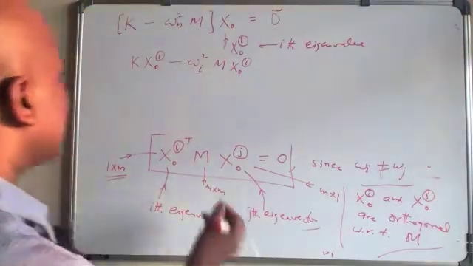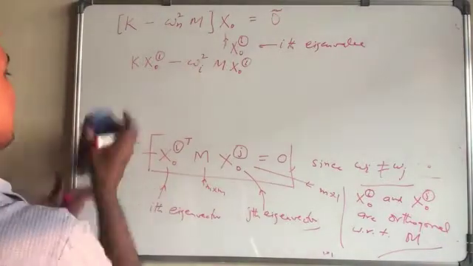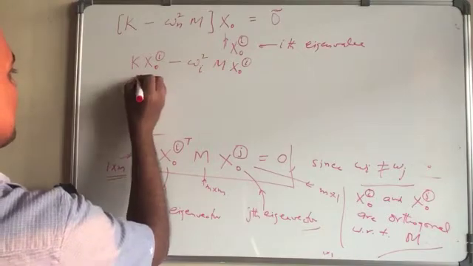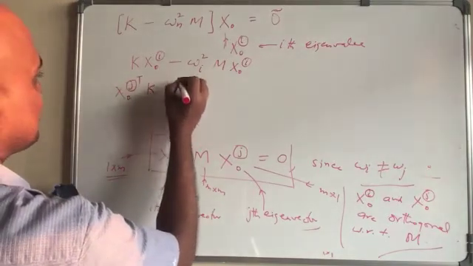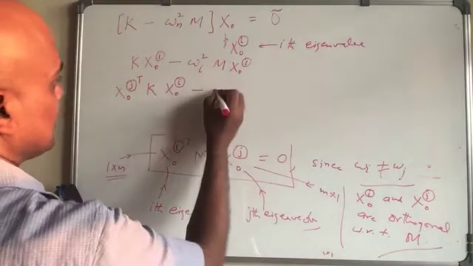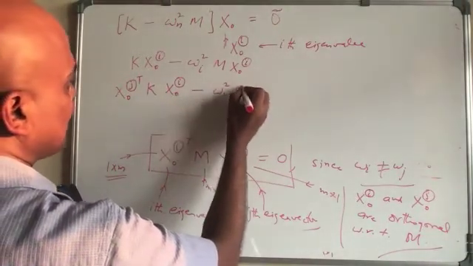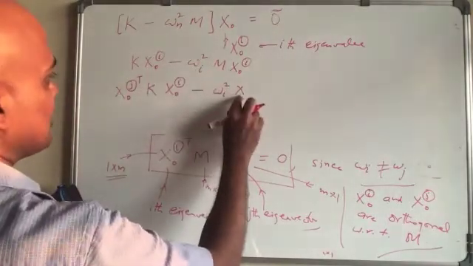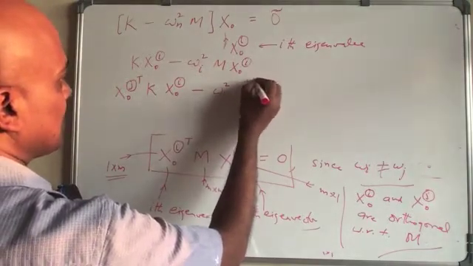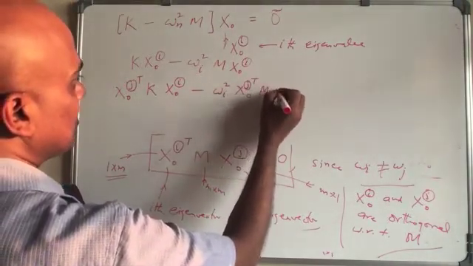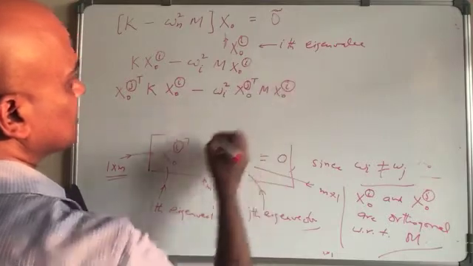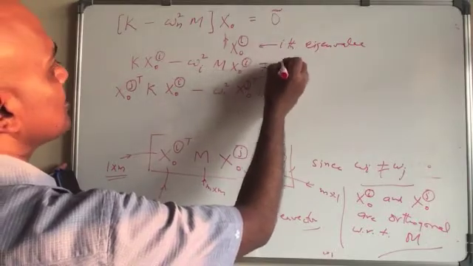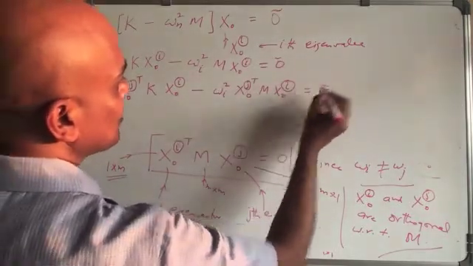Okay, now we take the jth eigenvector, transpose it and multiply here, so we get x_j transpose K x_i minus omega_i squared, which is just a scalar, so it will just go out, times x_j transpose M x_i, right? So this is equal to 0 and hence this is equal to 0.